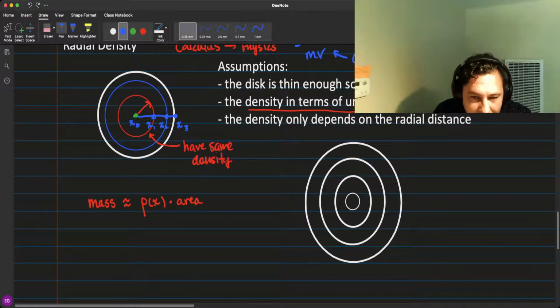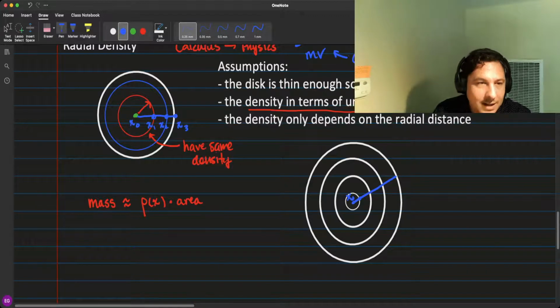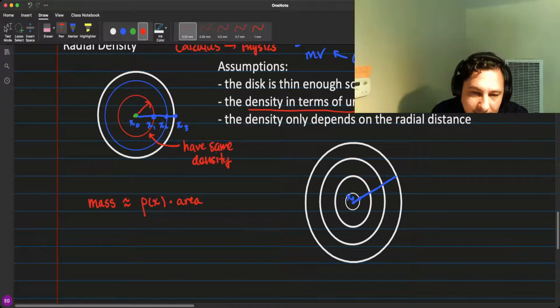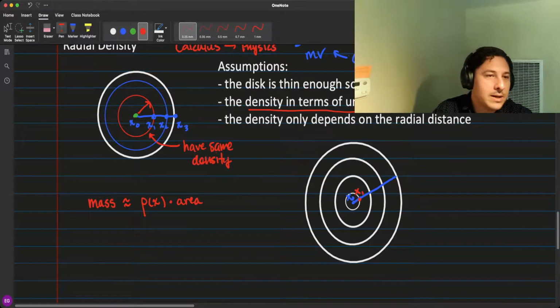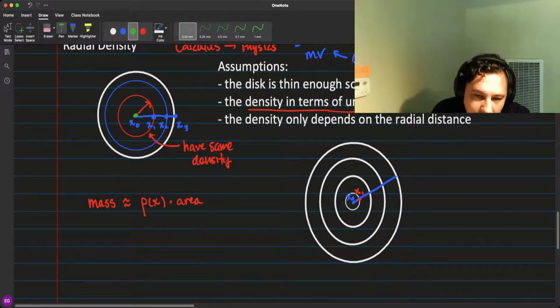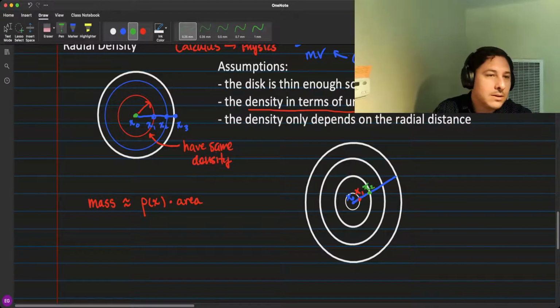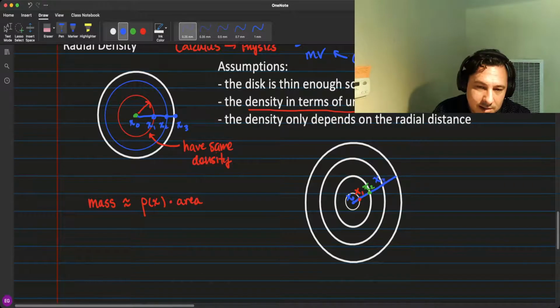If you draw a radius out, the center would be your x0. This point right here, we'll draw it in red, that intersects the next concentric circle would be x1. The point which intersects the next concentric circle would be x2. The point which intersects the next concentric circle would be x3.